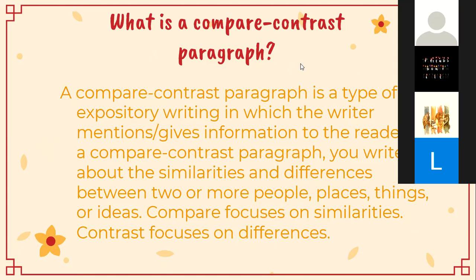But what does the writer mention in the paragraph? He mentions the similarities and differences. I'm going to give similarities and differences between two things, two places, two people, two ideas, okay? And again, compare focuses on the similarities and contrast focuses on differences.